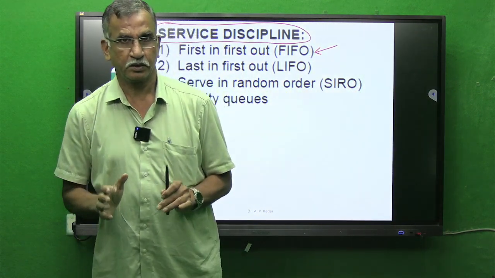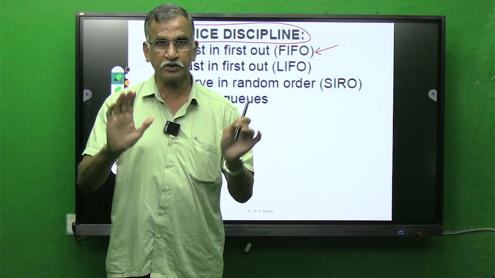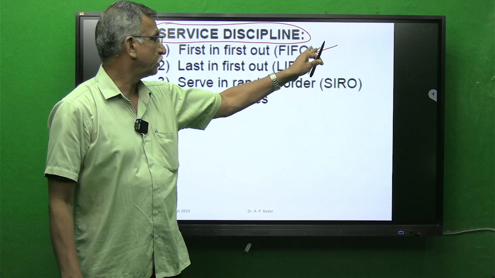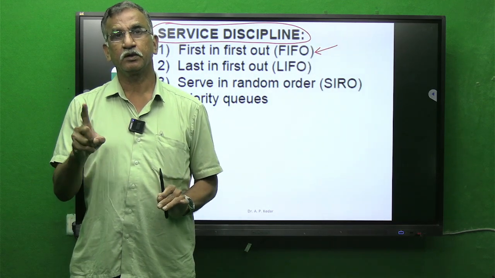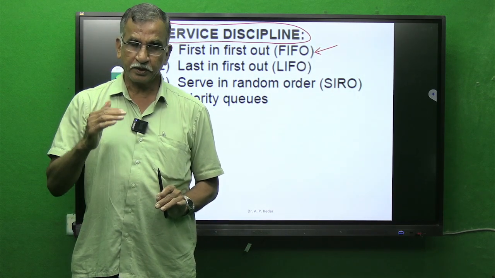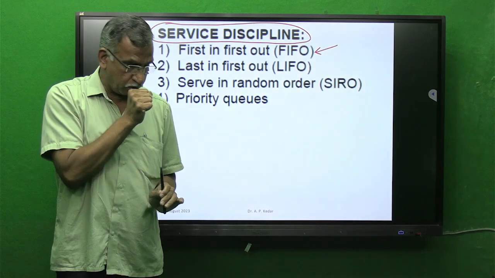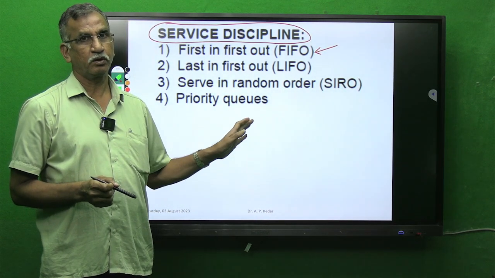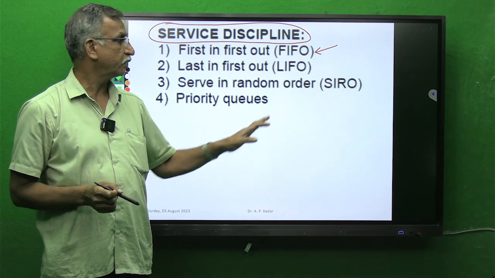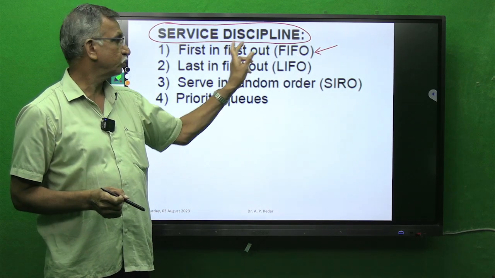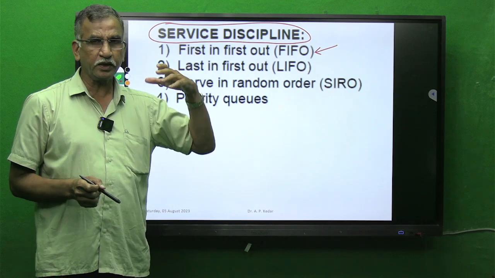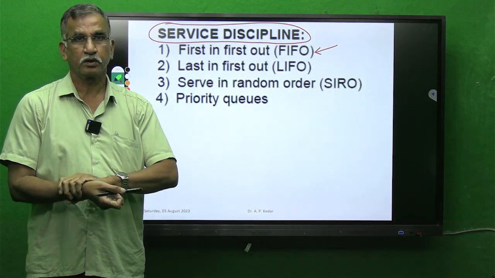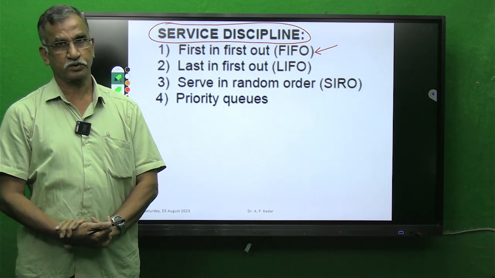In general, by default, for any system, unless and until it is specified, the rule should be first in, first out. Many a times we observe this mechanism, that the person who joins in the initial period will be given priority. So any individual will like the system of first in, first out.